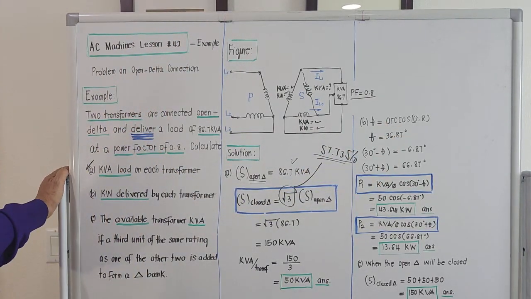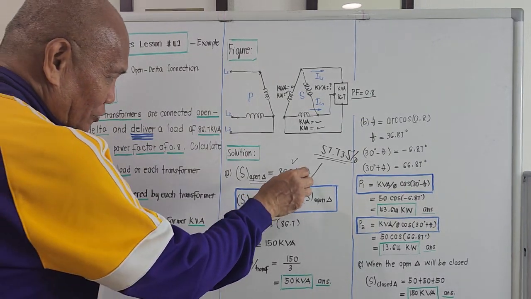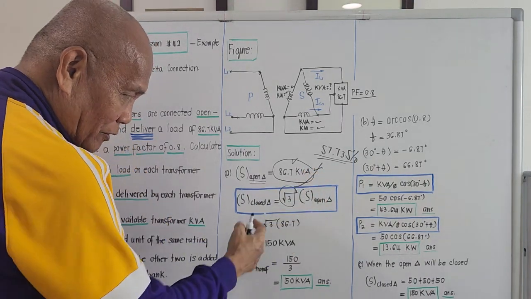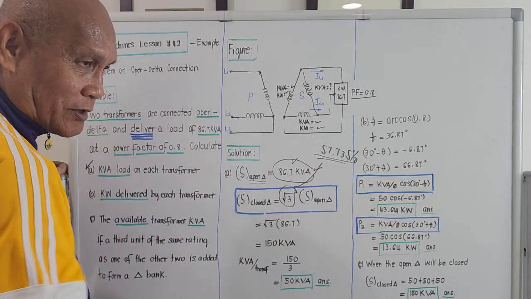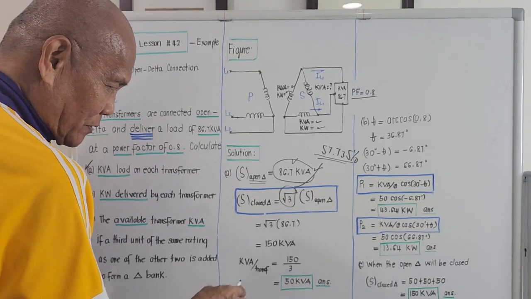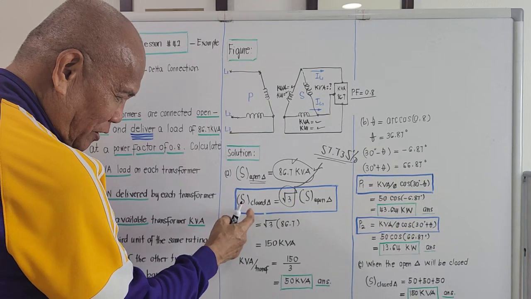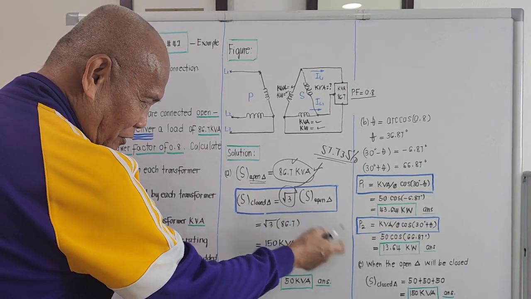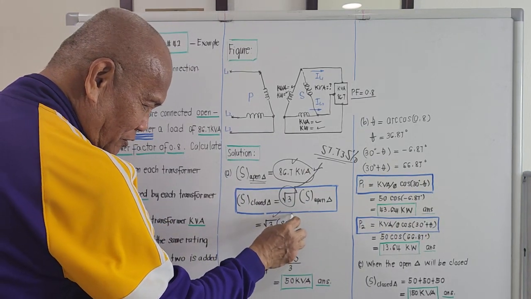Okay, there are some values which are wasted. But if we are given the total apparent power delivered by the open delta, by using this relationship, which is a general concept that will not change, we know the open delta value, so we could compute for the closed delta value. This is a general equation, so this should be square root of 3 times 86.7.